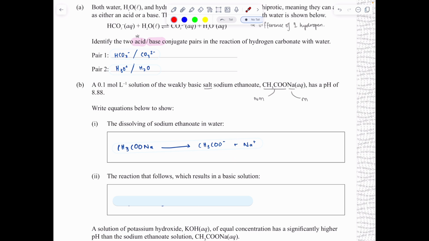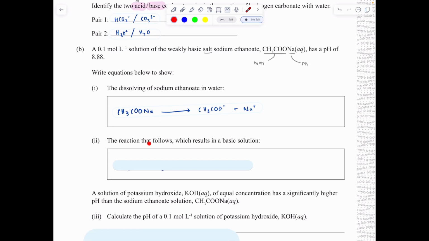So the reaction that follows, which results in a basic solution, is the next reaction that we have to write up. To show that it's resulting in a basic solution, we have to take the base part of the reaction above and plug it into this next equation down here.